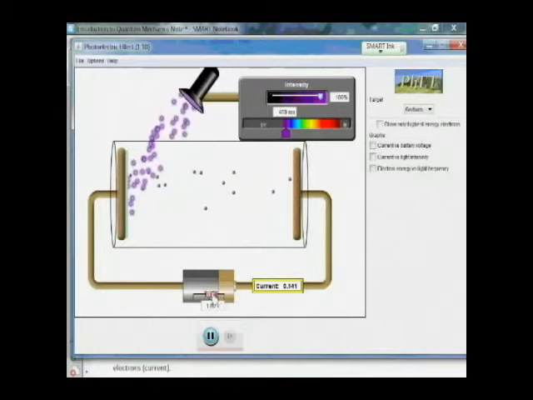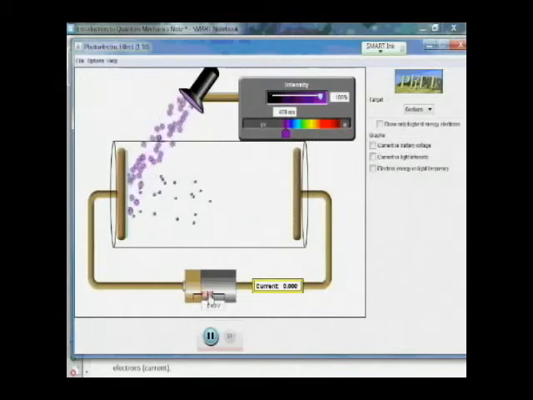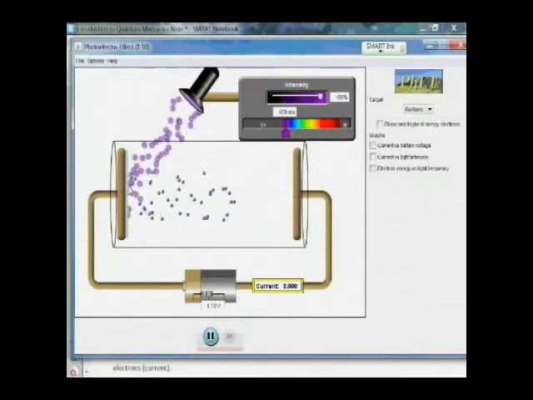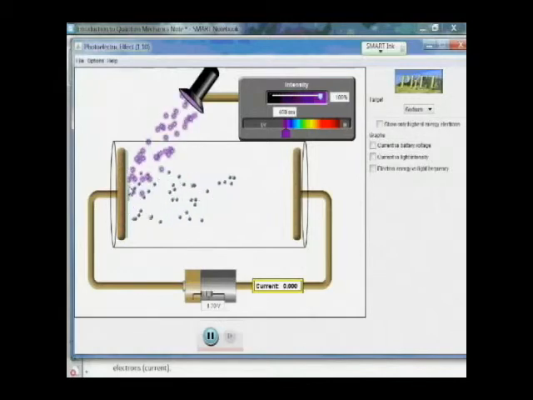And then we can tell what voltage those electrons are by stopping them, by flipping the battery. If we flip the battery so that it's a negative charge, it's pushing the electrons back into the original plate.